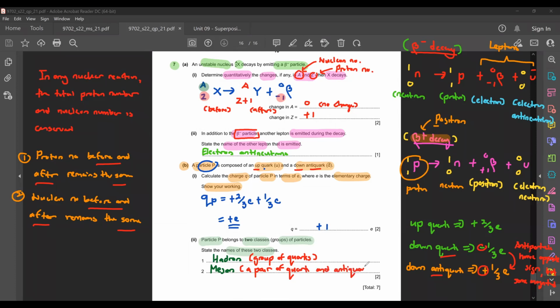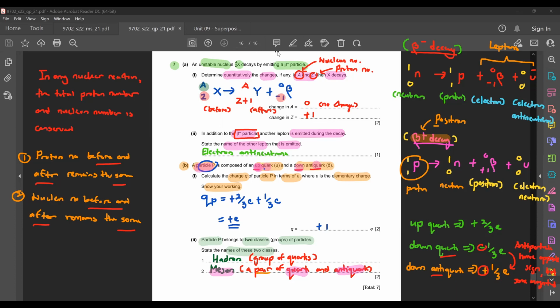When I say a pair here, it really means two particles. If you see two particles and one of them is a quark, one of them is an antiquark, it would be a meson. So if you look at particle P here, it consists of two particles. One of them is a quark, one of them is an antiquark, so it must be a meson.